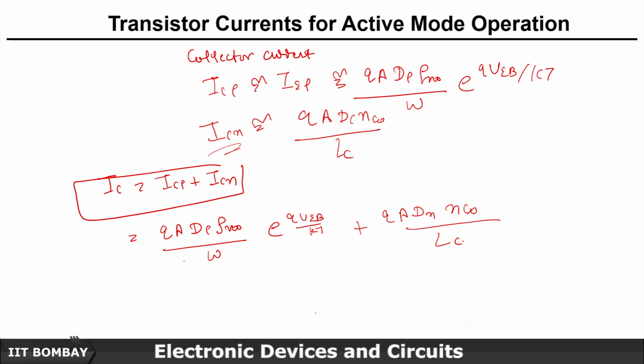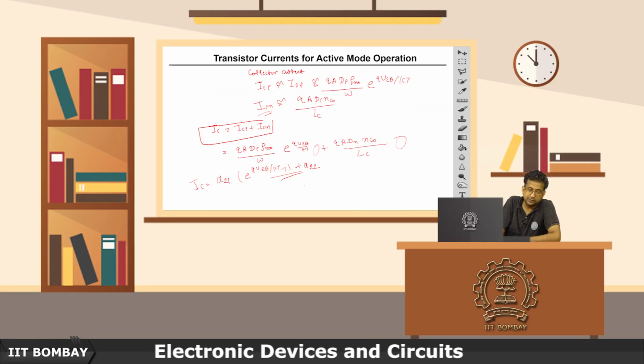So this expression can also be written in the form of IC equal to A21 e raised to power QVEB by KT minus 1, because this is coming from emitter to the base, plus A22. Okay. So in order to do that, we need to minus some term and plus some term, right? So this term we need to minus and then we need to plus it.